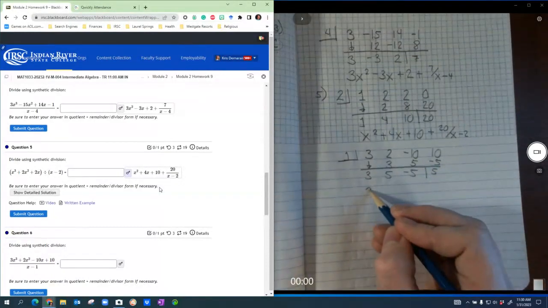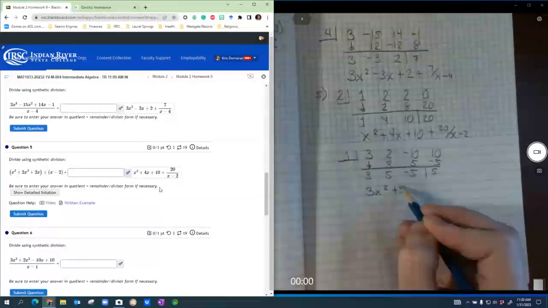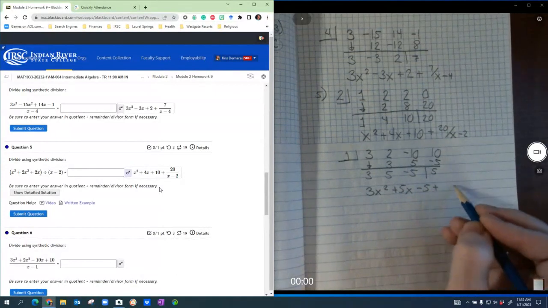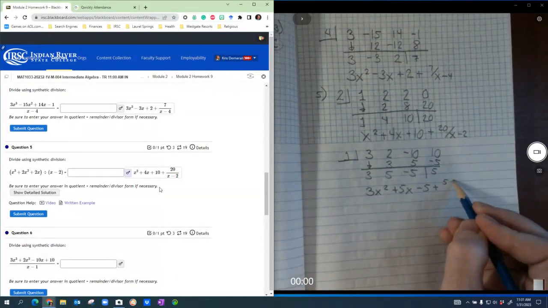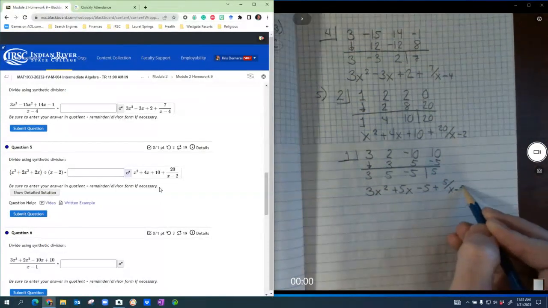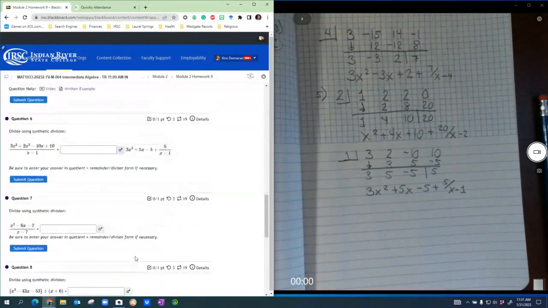So we end up with 3x to the second plus 5x minus 5 plus 5 over x minus 1. Alright, looks like we got the right answer. Always a good thing.